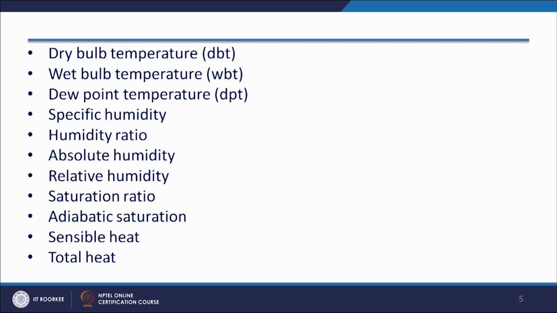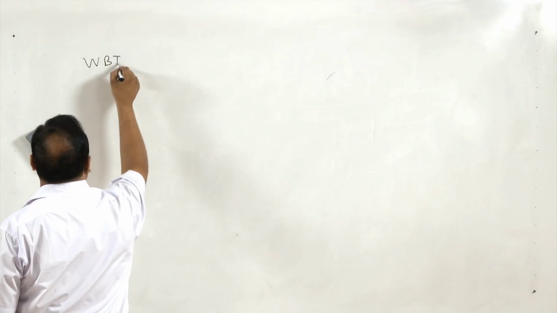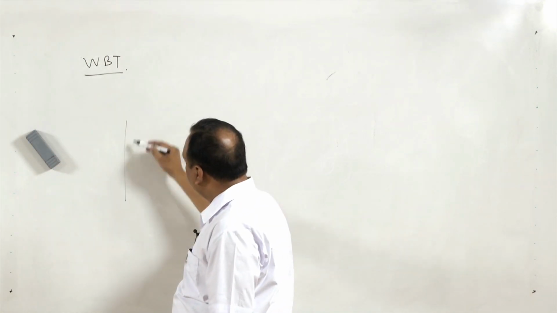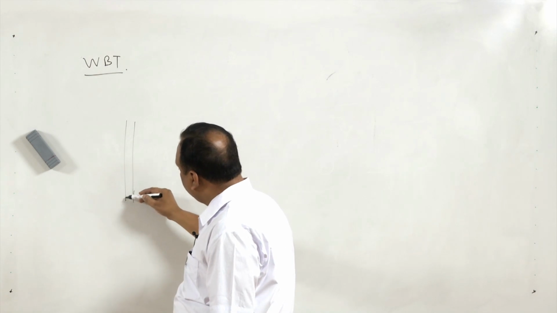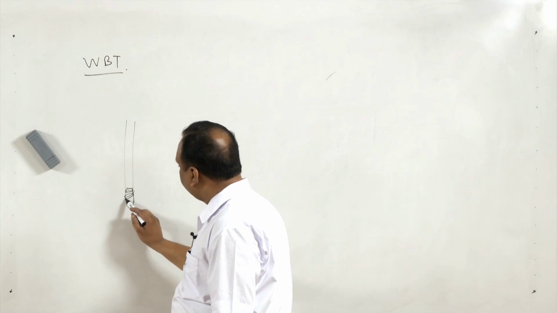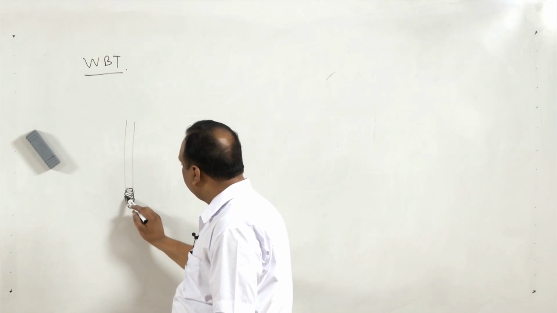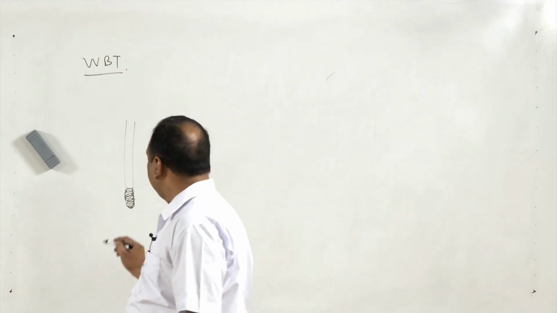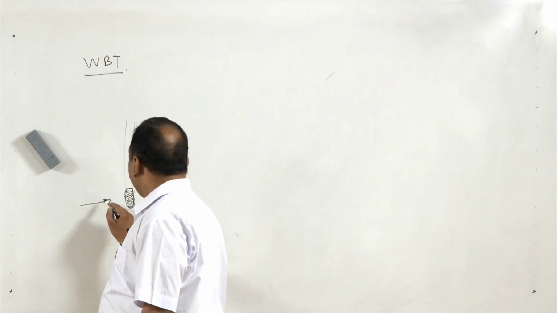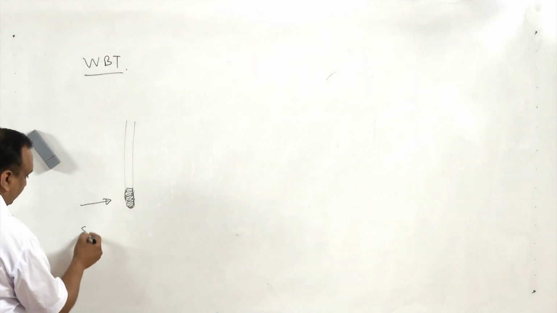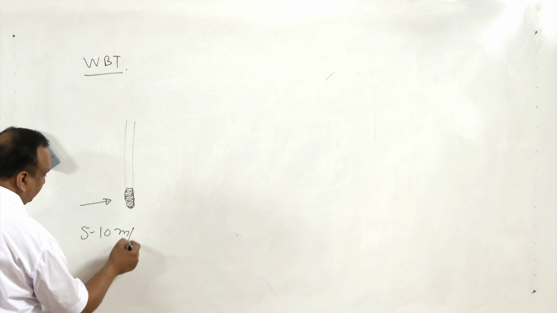Another temperature is wet bulb temperature. Now, if I put a wick or some wet cloth over the surface of this bulb and blow air, normally in order to find wet bulb temperature, the velocity of air has to be between 5 to 10 meters per second.